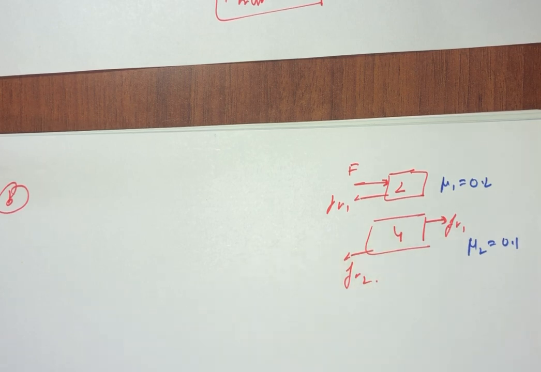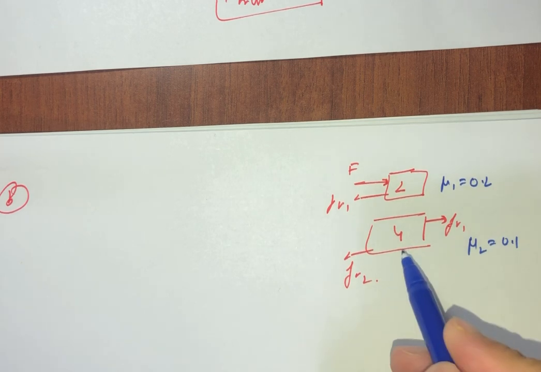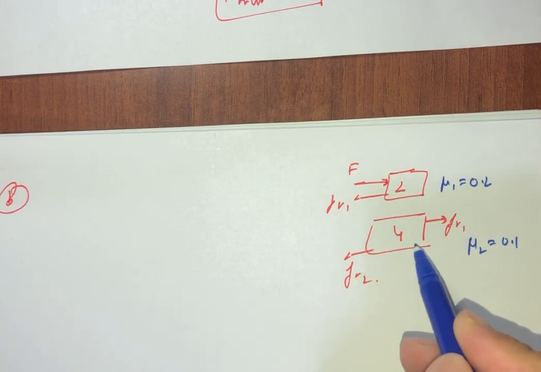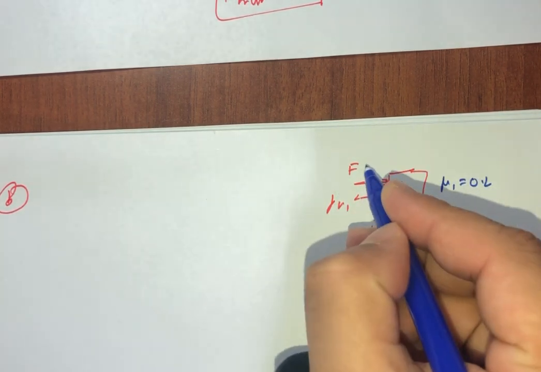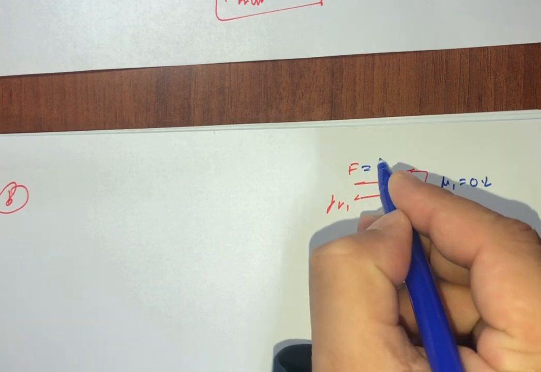So from the diagram you can clearly see that for the 4 kg block, applied force F is given as 6 Newton.